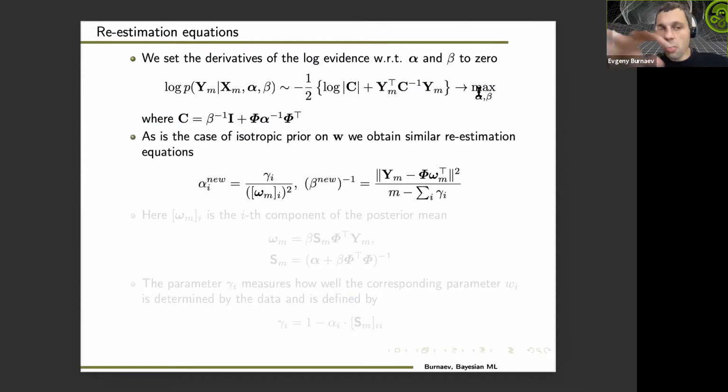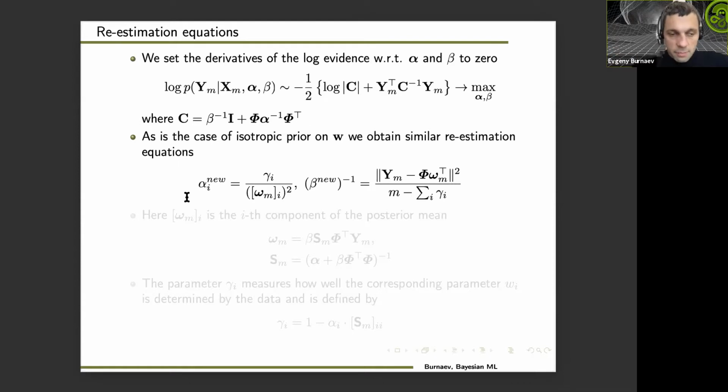We fix all parameters except one. We calculate the gradient of this expression with respect to this parameter. We get an equation that the gradient is equal to 0. We find the stationary point.